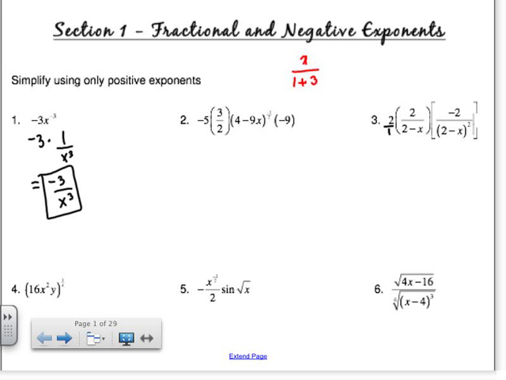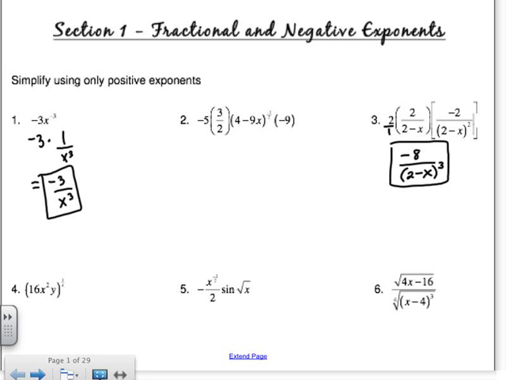Or 2 over 2 plus 3, we know that's 2/5, not 1/3. So in this example, I'm going to multiply across the top. 2 times 2 times negative 2 is negative 8. Then I have 1 2 minus x, and then 2 more 2 minus x's, so I'm going to write it as 2 minus x to the positive 3. And that's all you can do.